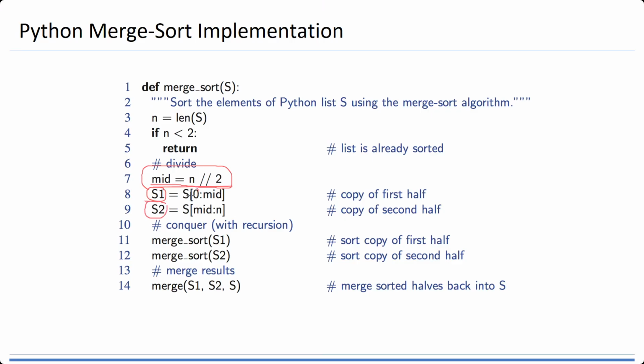S1 is from 0 until the mid value, and S2 is from the mid value until n. And then we do the recursion. After the recursion, we do the merge: we merge S1 and S2 into S.